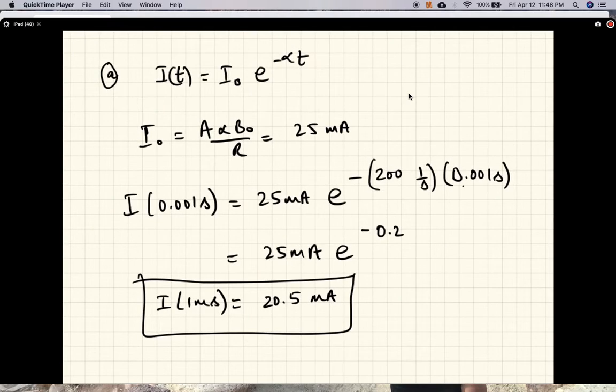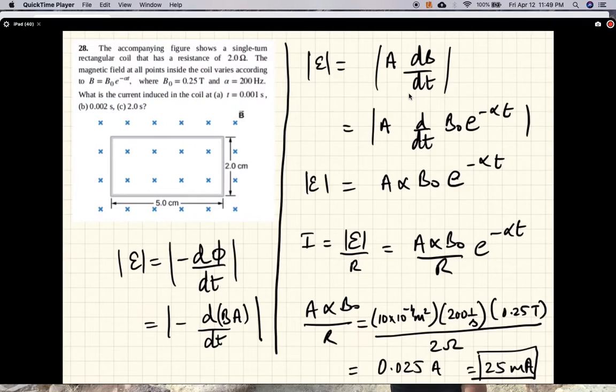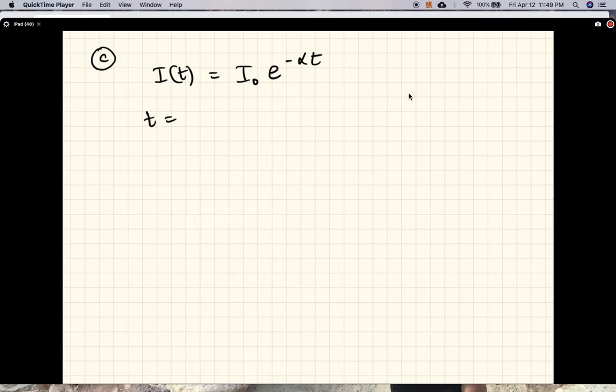I will do part C, the current at t equal to 2 seconds. 2 seconds is essentially infinity, so you'll see that in a second.